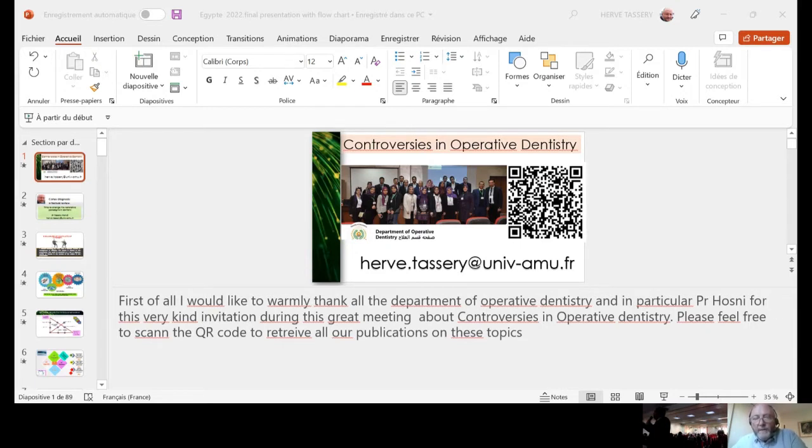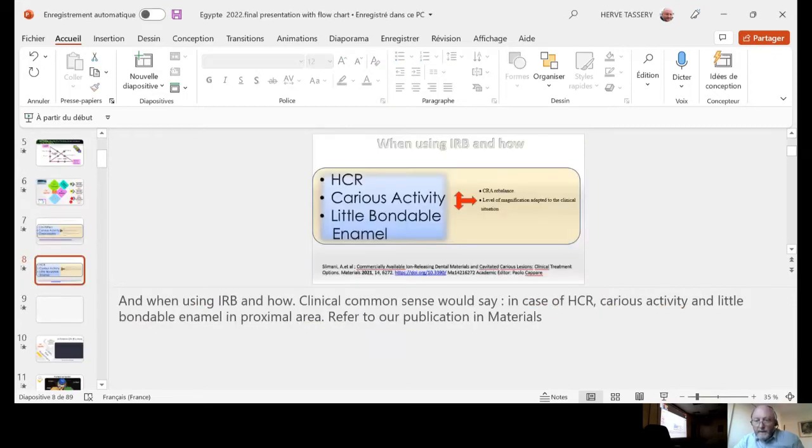This one is okay now? No. No? Yes. So, Professor, if you can see, this is your screen. Yeah. It just freezes. Yeah. Now I think we are in slide number 8.